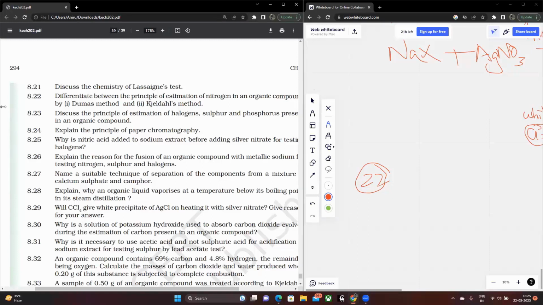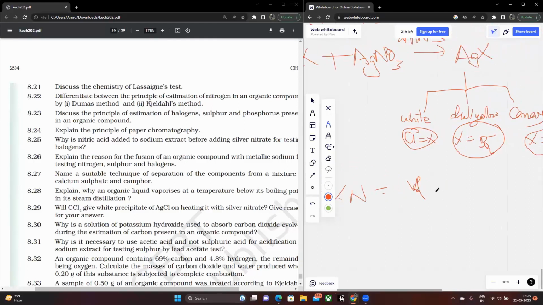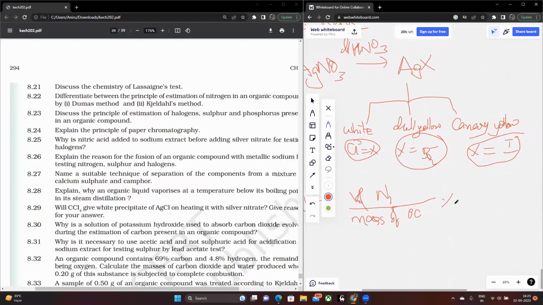The dinitrogen gas by itself is collected over water, and the volume is then converted into standard temperature and pressure, and the percentage of nitrogen is determined by applying the equation for Dumas. For Dumas method, the equation is that percentage N equals volume of N2 collected at STP divided by mass of the substance taken, into 28 divided by 22,400.